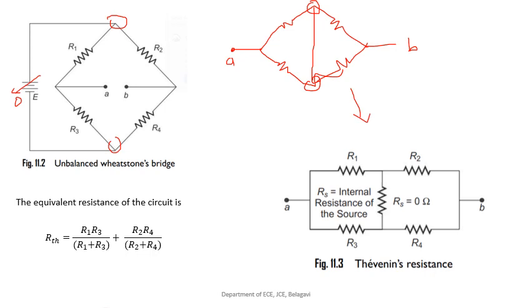This RS shown here is the resistance of your voltage source E, and that is assumed to be 0. So your R1 is in parallel with R3, and that is this first equation, and your R2 is in parallel with R4, and that is this second equation. Both the parallel combinations are in series, so they are added. This is the Thevenin resistance.